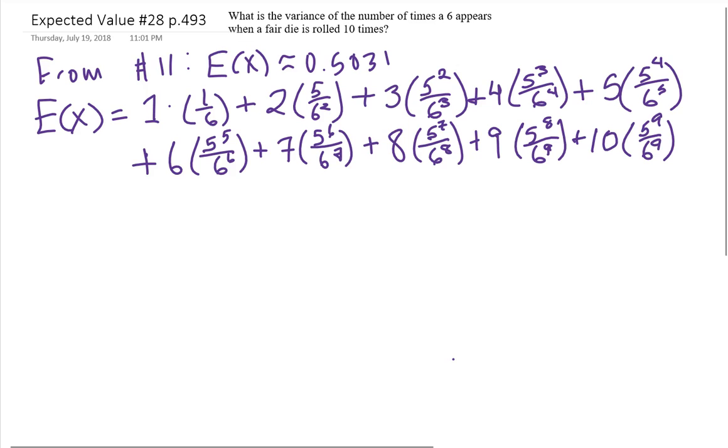Because the probability that you're going to get 6 on the 10th roll in this problem, it has to be that you're going to get the 6 on the 10th roll. Absolutely, there's no choice for getting the 6. And so that's how I got the 0.5031.